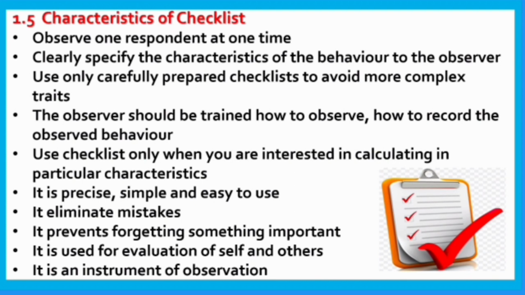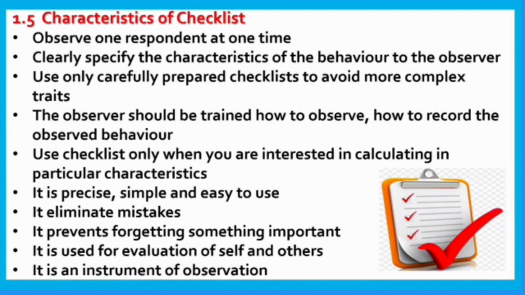It is precise, simple, and easy to use. It eliminates mistakes. It prevents forgetting something important. It is used for evaluation of self and others, and it is an instrument of observation. Checklist is a tool of evaluation.